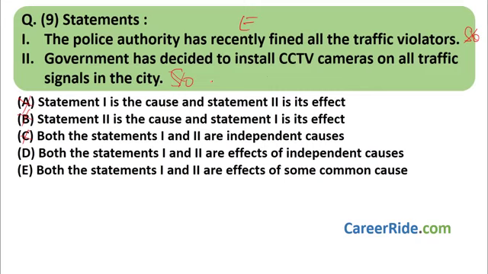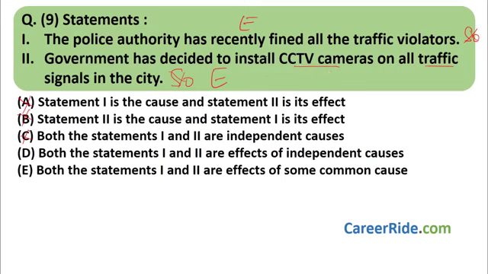Government decided to install CCTV cameras. Now they might have decided to install the CCTV cameras because of some cause, that there might be thieves, there might be traffic violators, there might be accidents. So this is again an effect. Let us see if both of them are effects of the same cause or independent causes. Here for traffic signals they are putting up CCTV cameras, correct?